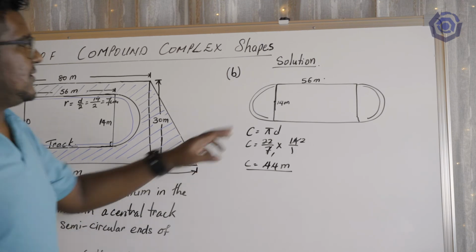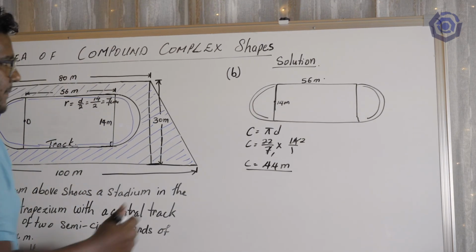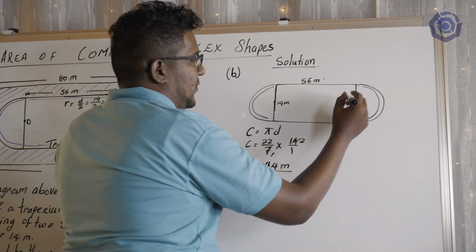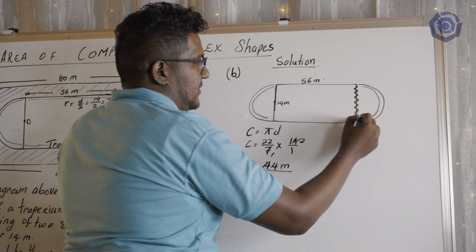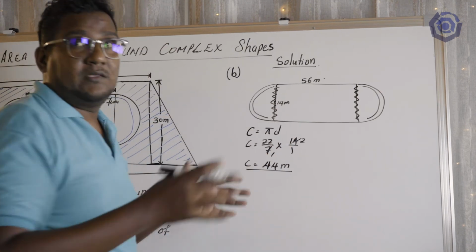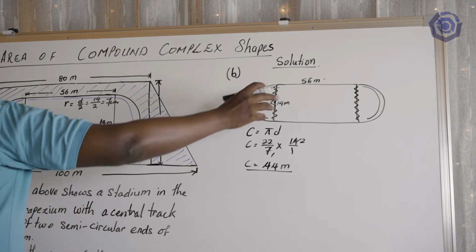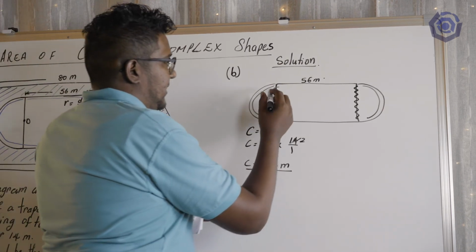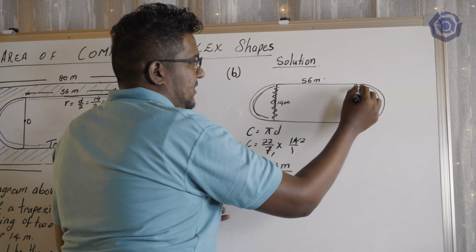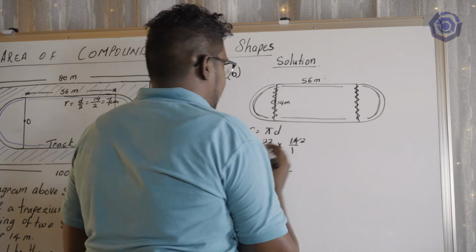Now, since we found that here and here is 44, remember when we are finding the distance, we can't include this side and we cannot include this side because they're not on the outside. So to find the distance around this track, it would be the length of our two semicircles plus this end and plus this end.